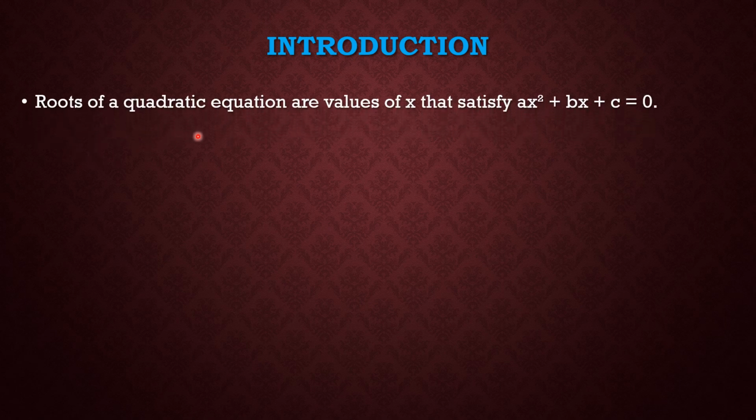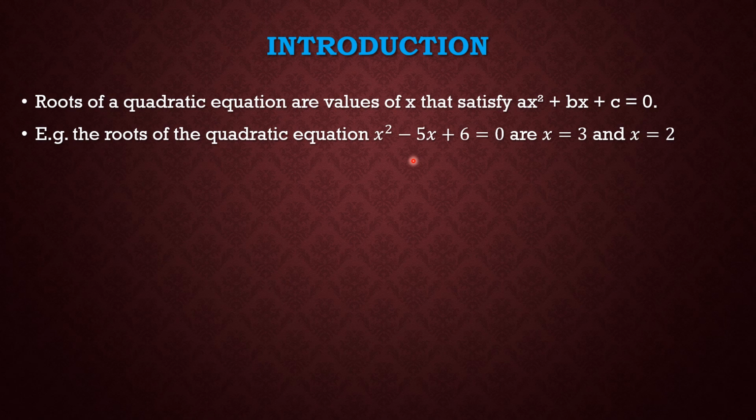Roots of a quadratic equation are values of x that satisfy the equation of the form ax squared plus bx plus c equal to 0. For example, the roots of the quadratic equation x squared minus 5x plus 6 equal to 0 are x equal to 3 and x equal to 2.